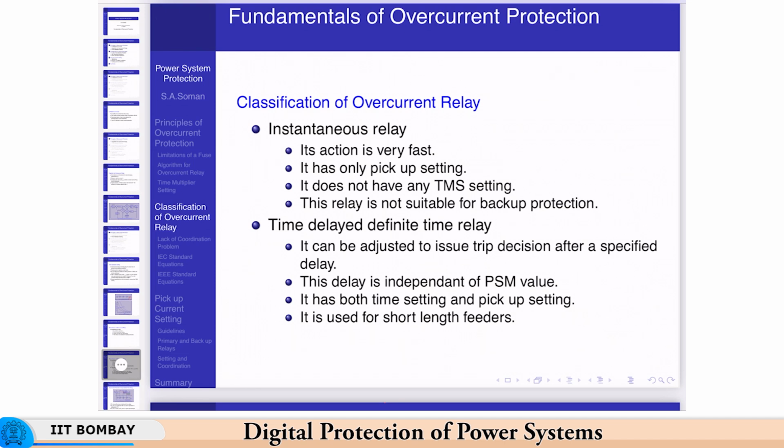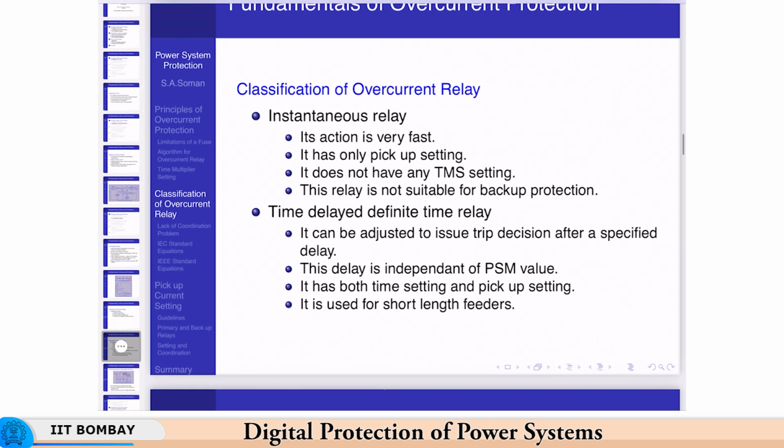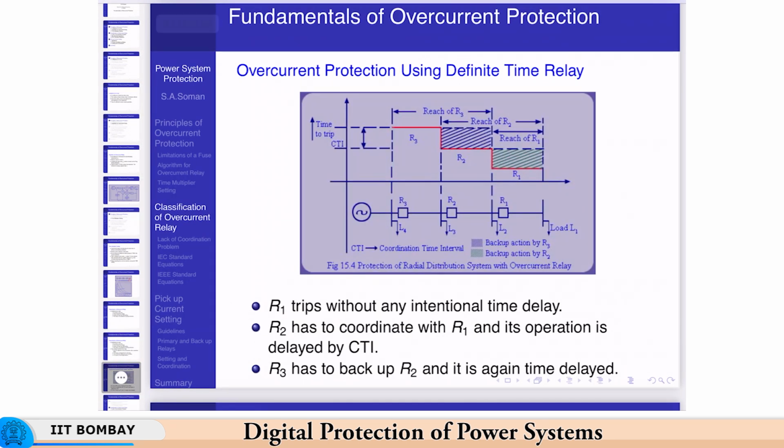We looked at 2 types. The third is the application of a time delayed overcurrent relay, and then we will go to the inverse current characteristic. This is the same figure as we saw earlier, and here these are short length feeders, and the fault current does not vary much between the locations, because the impedances are not very high, as they are very short.